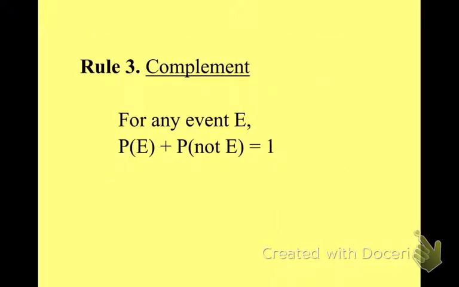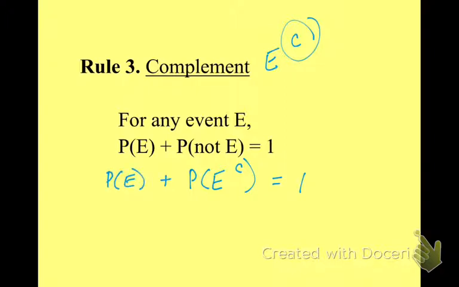The next rule is the complement rule. Remember, if you have event E, then its complement is E to the C power, and we use this symbol to represent complement. So if I calculate the probability of E plus the probability of E complement, or not E, it will be 100%.